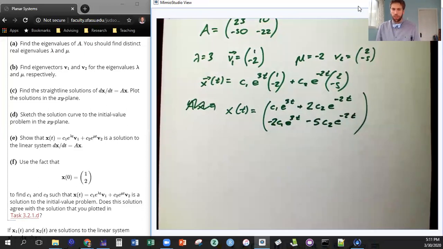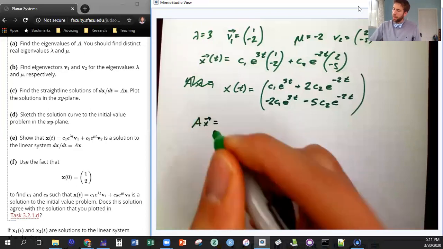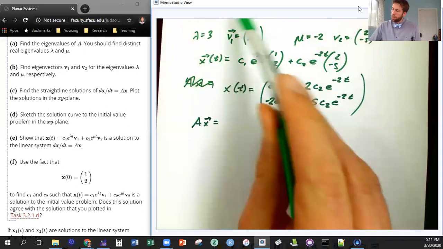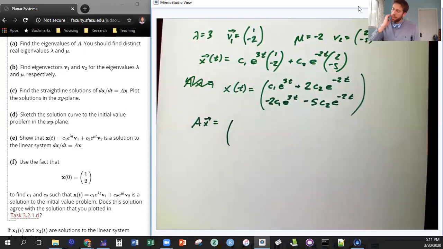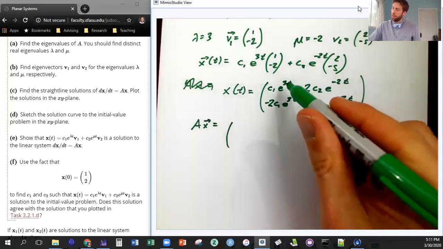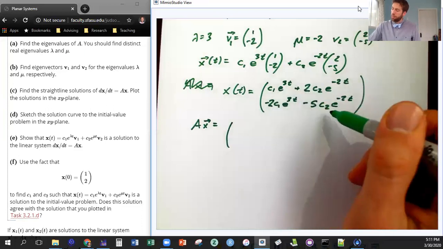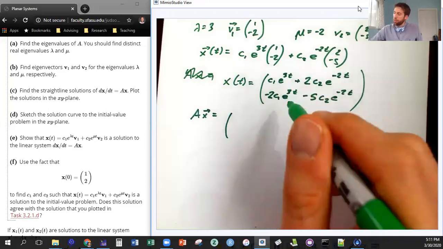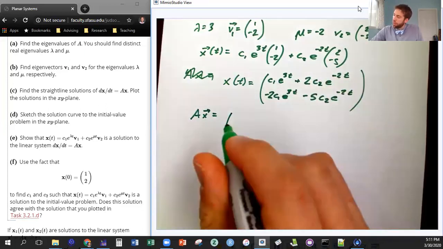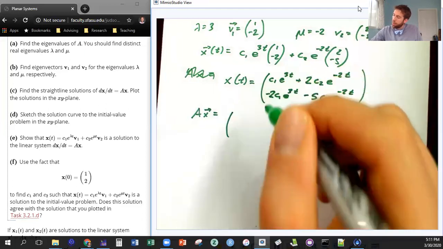Okay, so that's a whole vector. And then A times x, so A does row times column. So row times column would be 23 times that plus 10 times that. So our e to the 3t will stay the same.